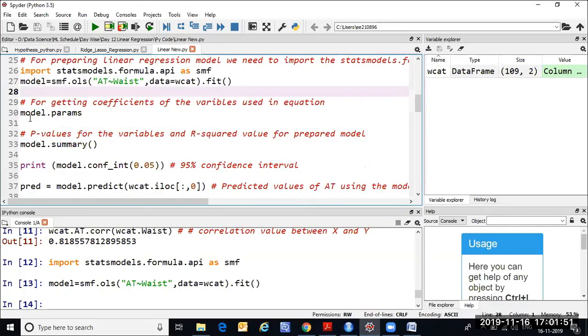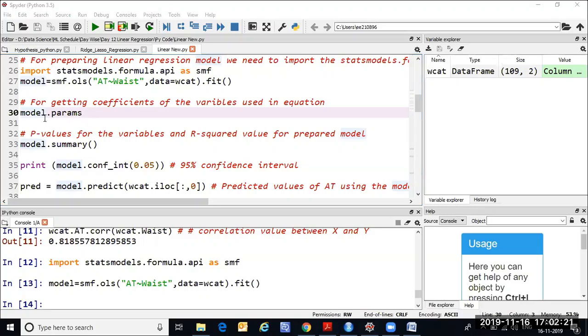And to get the parameters, what are the parameters, friends? Yeah, coefficients.